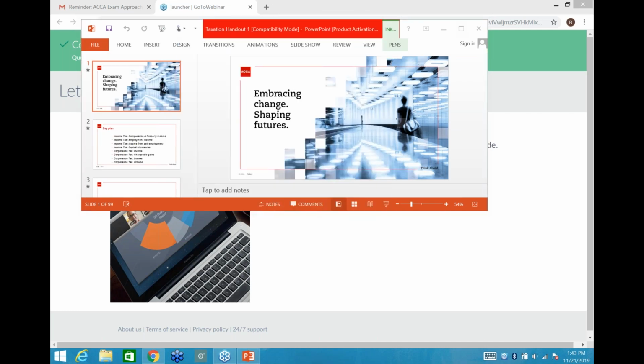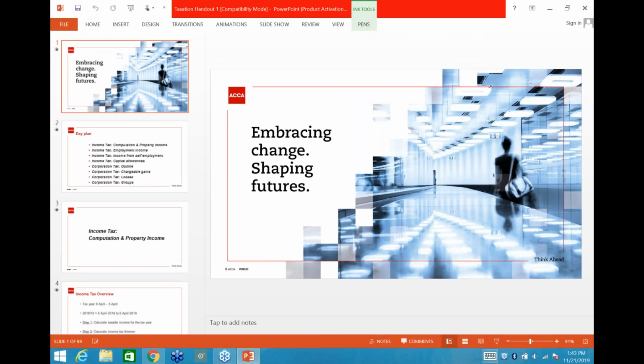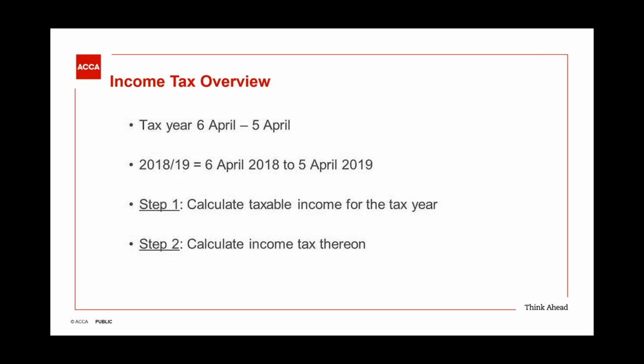When it comes to taxable income computation, it consists of several stages. First of all, we need to find out the total income. For us to find out the total income, we have to identify the different sources of income available to that particular individual.